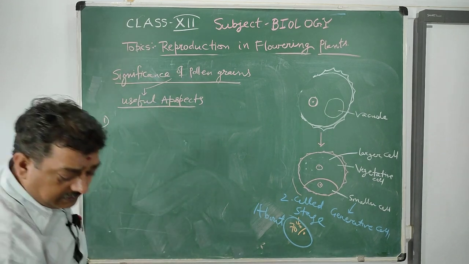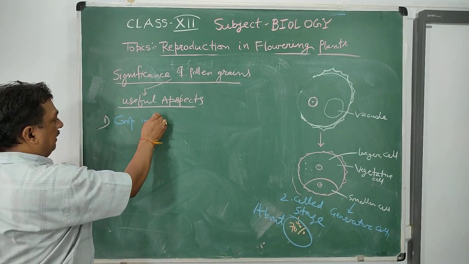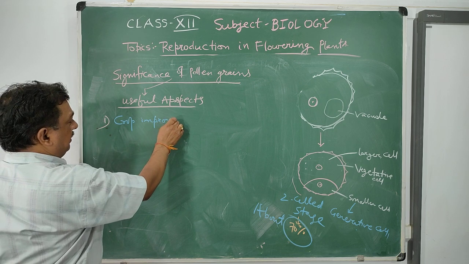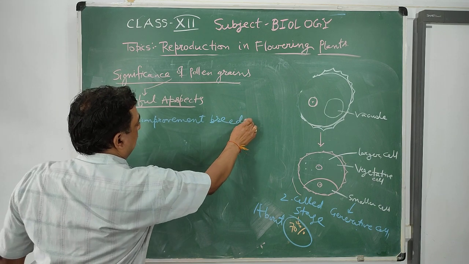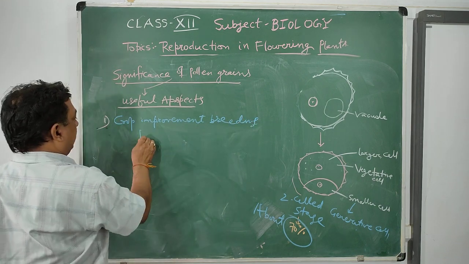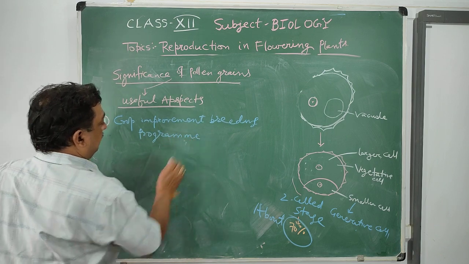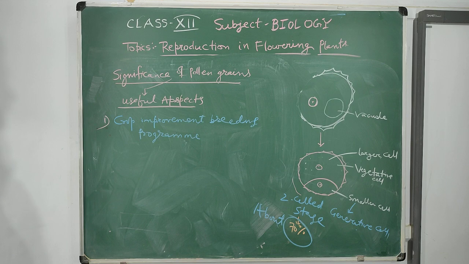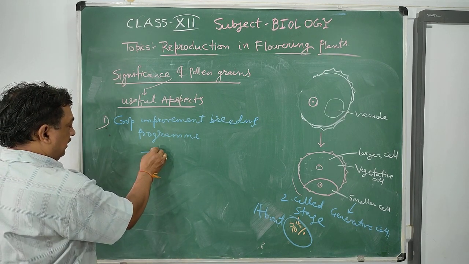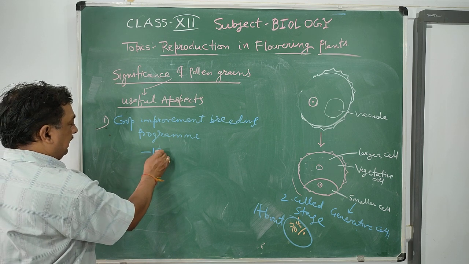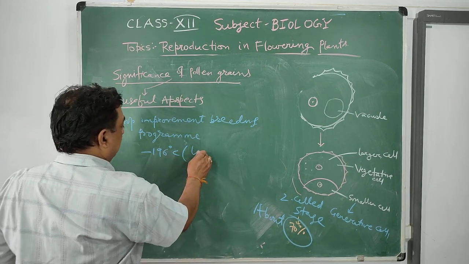Number one, it is very useful in crop improvement breeding programs. Pollen grains are stored in liquid nitrogen, which provides minus 196 degrees centigrade.